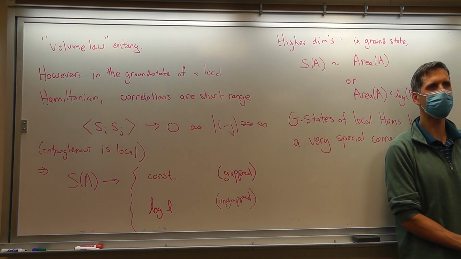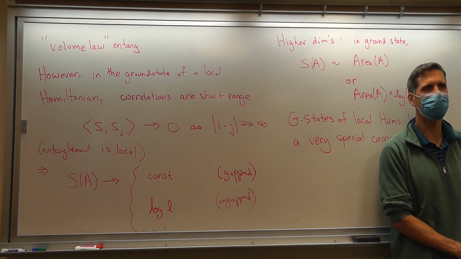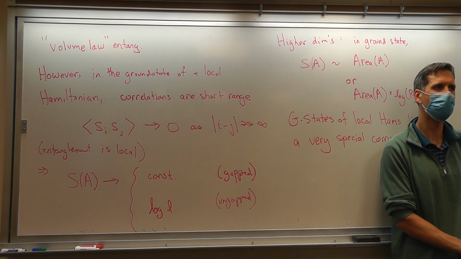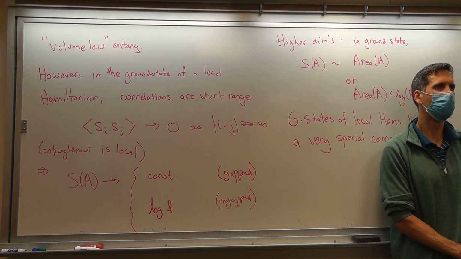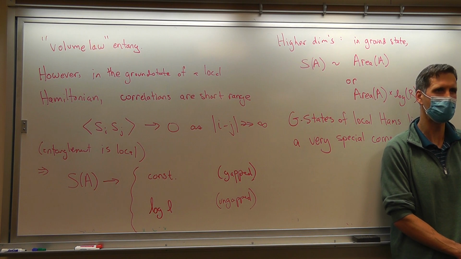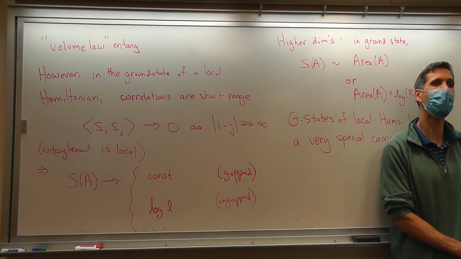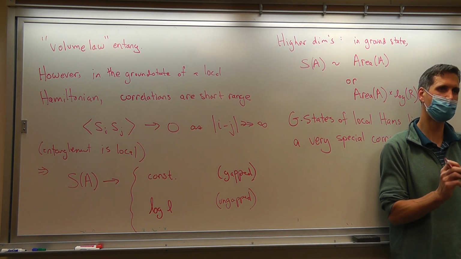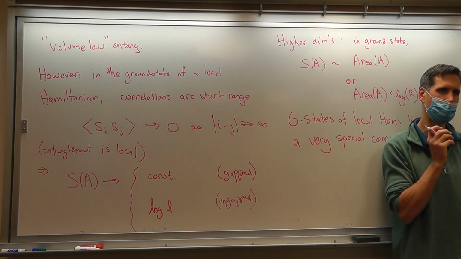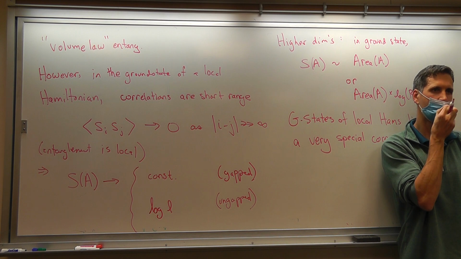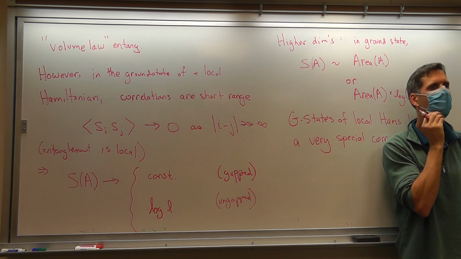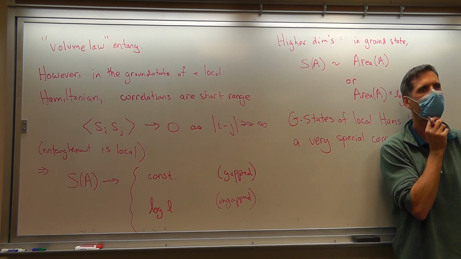The reason the model you're talking about seems to have nothing interesting going on is because there are no correlations whatsoever. Like if you add a hopping term to your ferromagnet, I think it will be area law. Why are there no correlations at all?